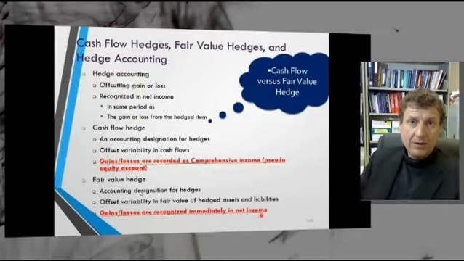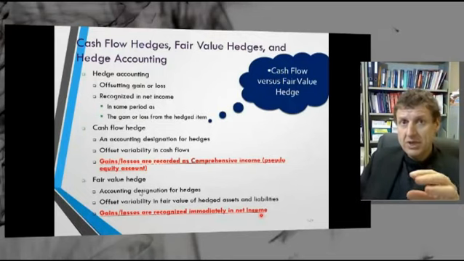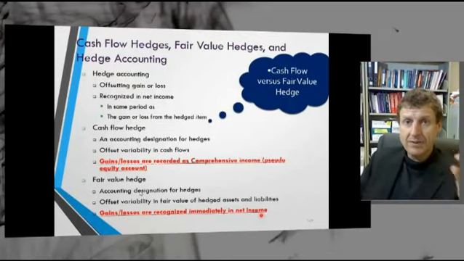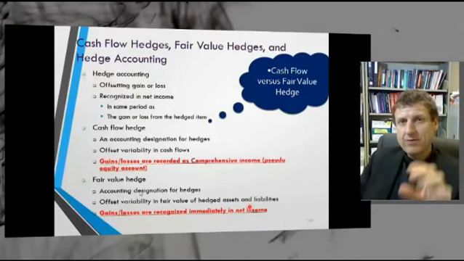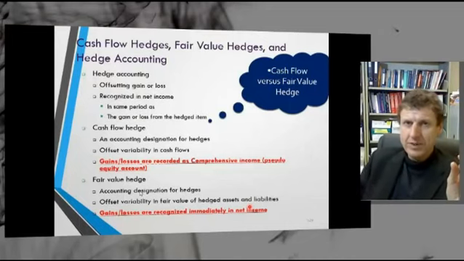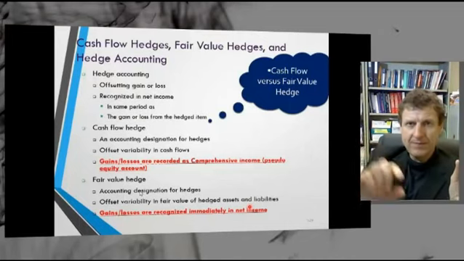And if you're thinking about Wall Street as your number one shareholder base, and you're promising a certain amount of earnings per share to the various analysts, you want to have as much control over the net income that you report as possible. And to have more control means that you're going to focus on cash flow hedge accounting rather than fair value hedge accounting, which may knock your net income around from quarter to quarter. Of course, in the end, there's no difference in what's in the cash account, but the difference gets rendered in your income statement at different periods.